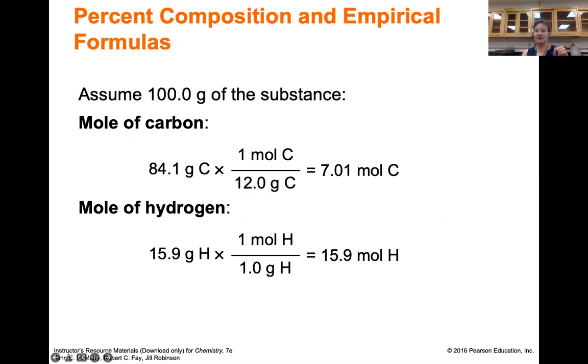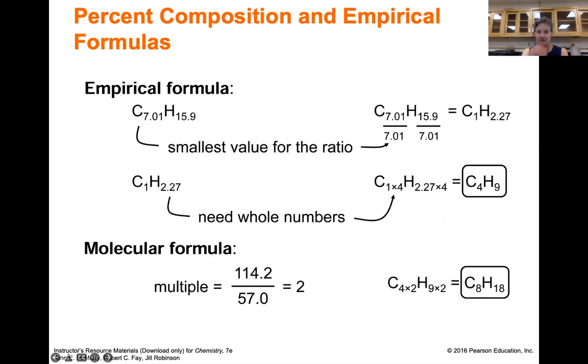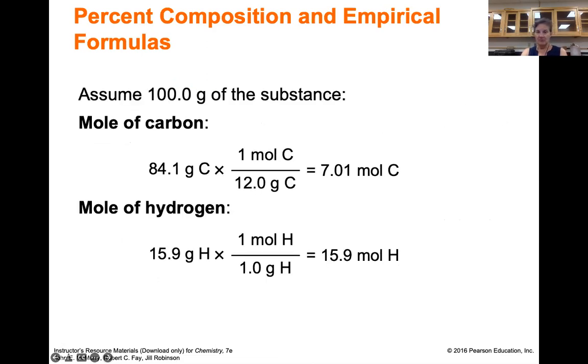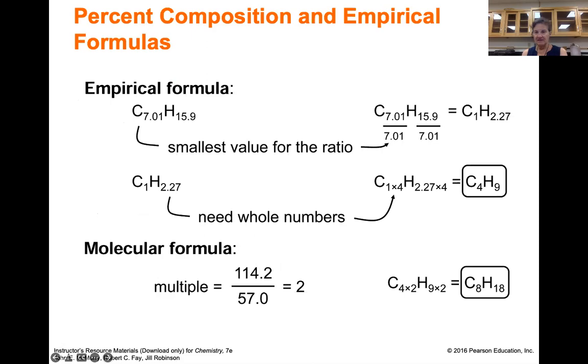We convert the grams of carbon into moles of carbon, the grams of hydrogen into moles of hydrogen, just using the atomic mass. And then what we end up with at that point is we have the ratio of carbon 7.01 to hydrogen 15.9.